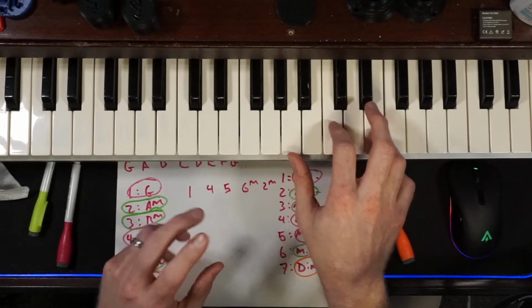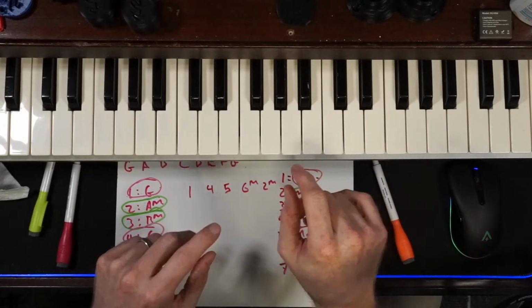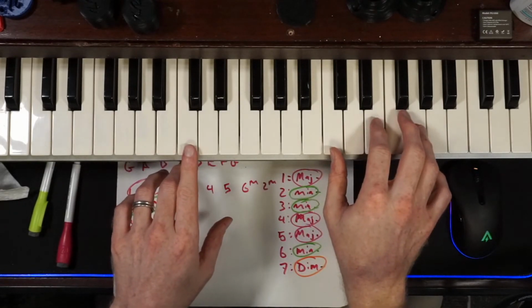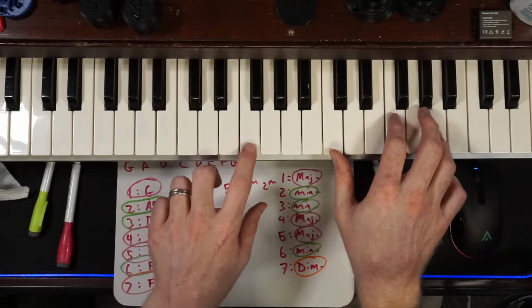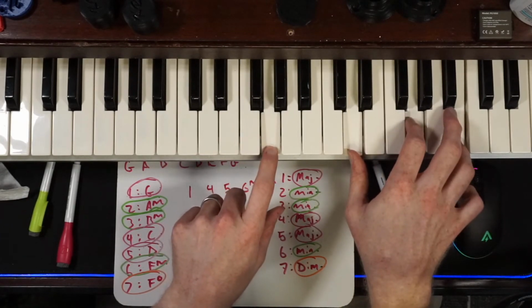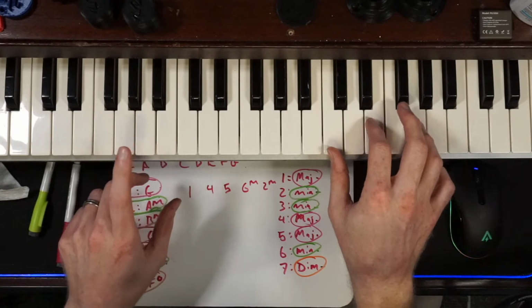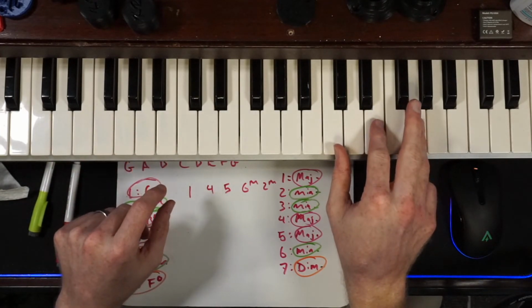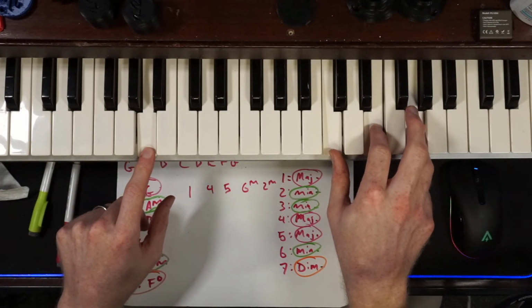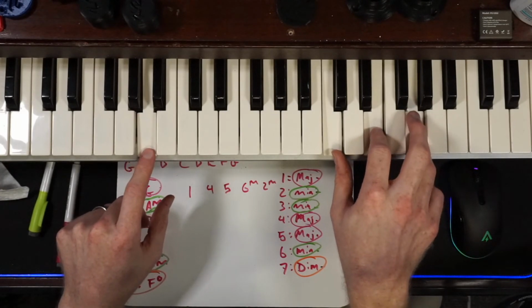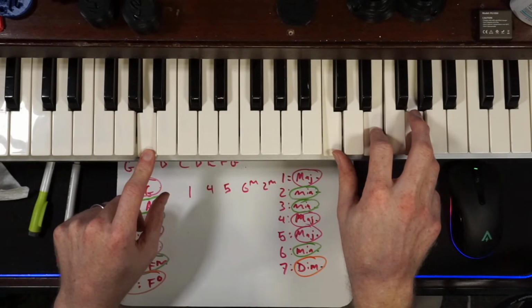Now watch this. A lot of times you're going to hear this chord here, and I'm going to play the bass notes in here. You notice in my right hand I'm just playing a C, and in my left hand I'm playing the A. Obviously that sounds like a minor chord.